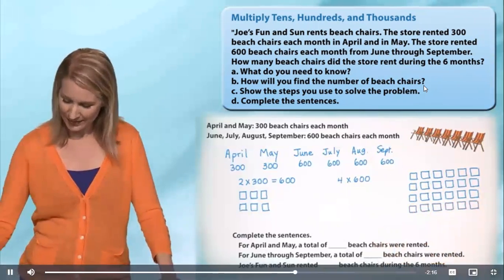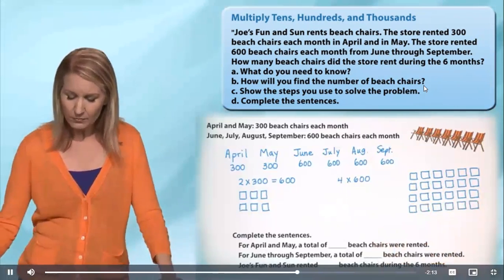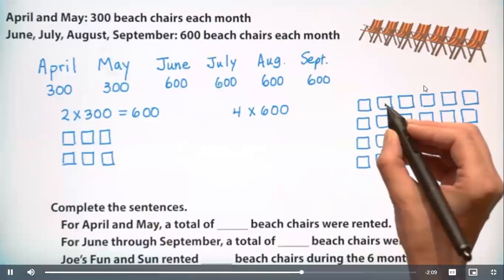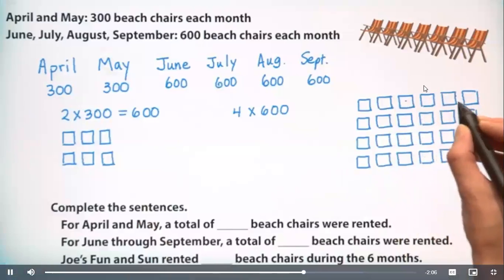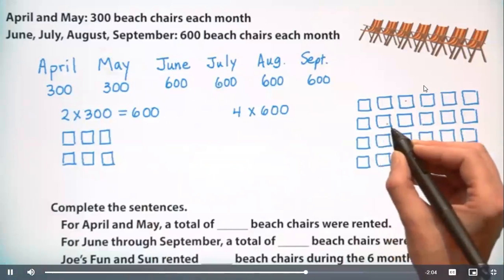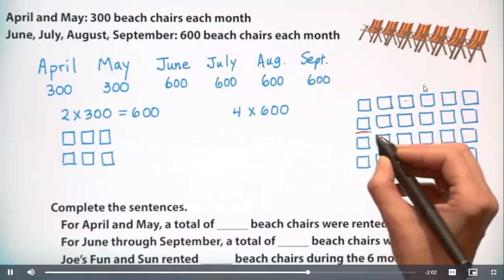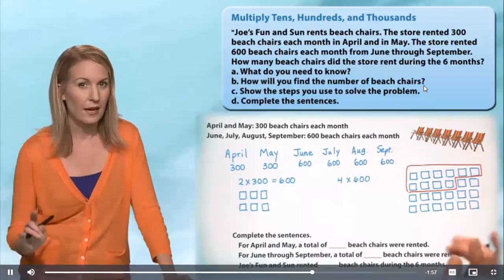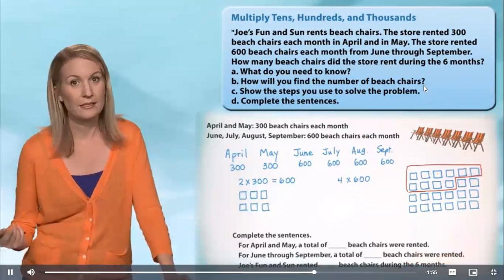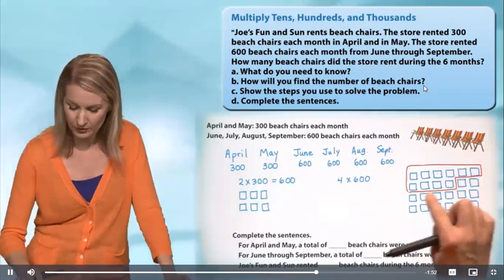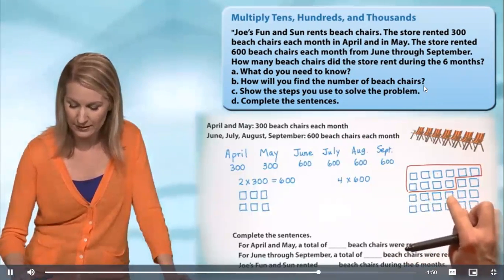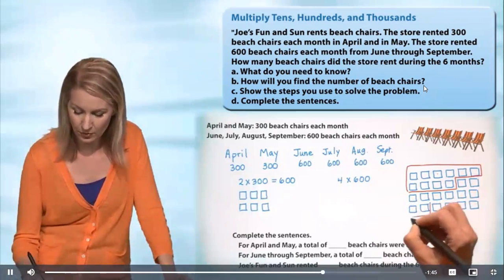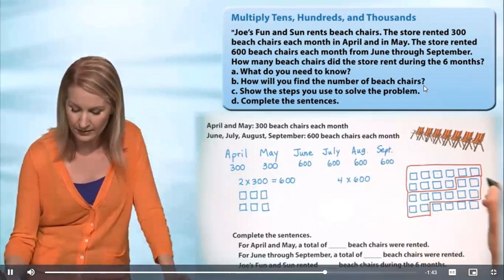We're going to count these up, and we'll stop at each 1,000. So, for example, we go 100, 200, 300, 400, 500, 600, 700, 800, 900, 1,000. So this group is 1,000. I'll start over in hundreds and get to the next 1,000. 100, 200, 300, 400, 500, 600, 700, 800, 900, another 1,000.